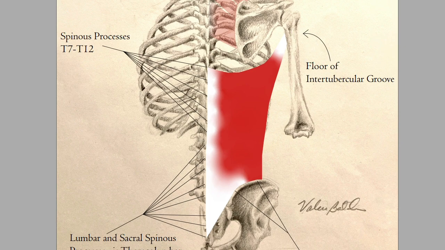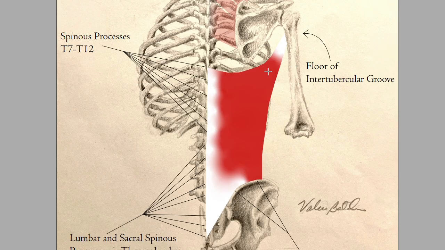Okay, if this humerus were to go out that way, this latissimus dorsi is going to pull it back in this way, and that is going to be the main action of the latissimus dorsi. However, some additional actions, just like the teres major did, it can also slightly rotate the humerus internally.